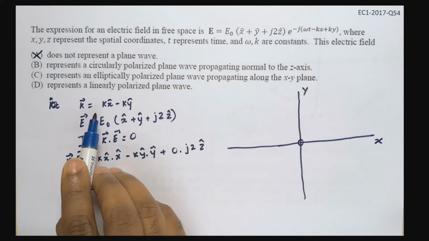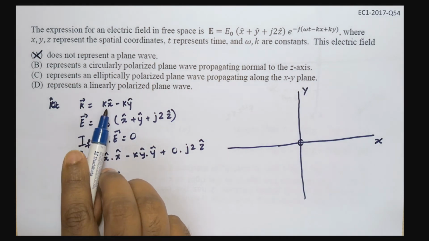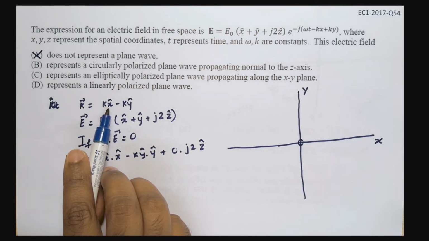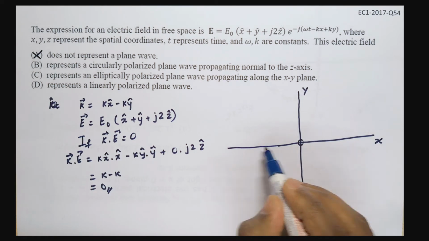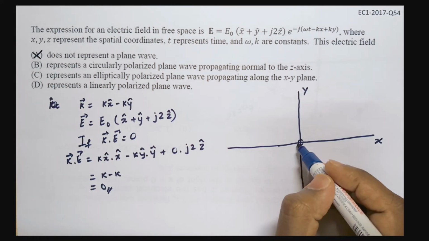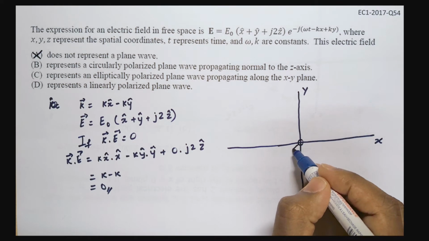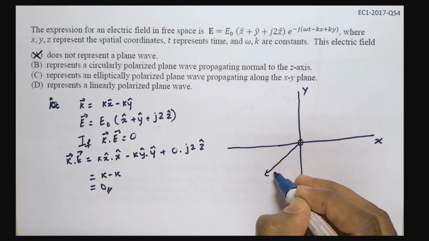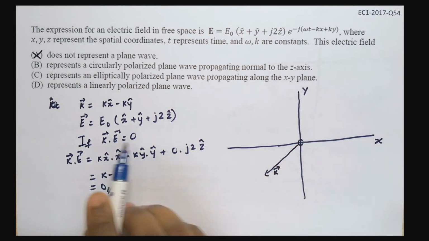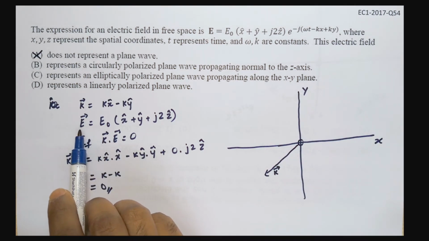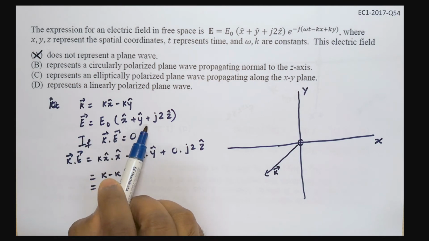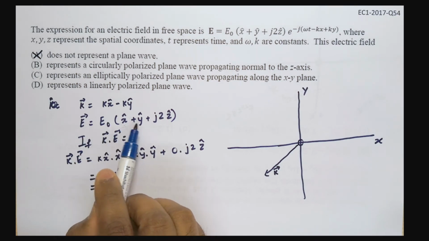So first thing, we will draw the k vector. The k vector is given here, which is x minus y. So x here is positive, and minus y is positive here. So the k vector is like this. Next thing is to draw the electric field vector. Let's draw the x and y component of this electric field vector, which is x plus y.